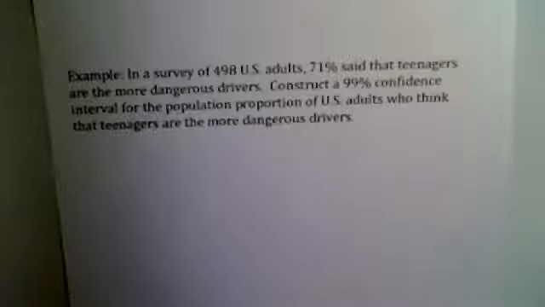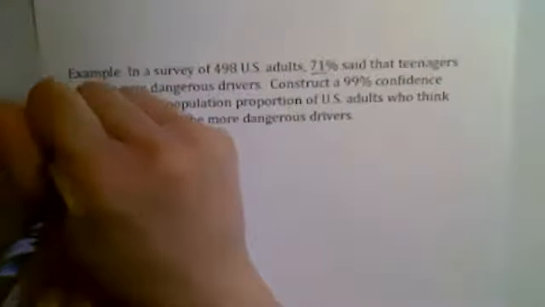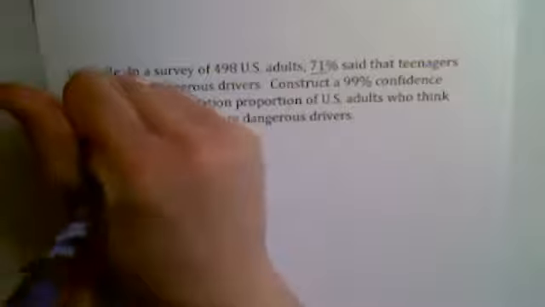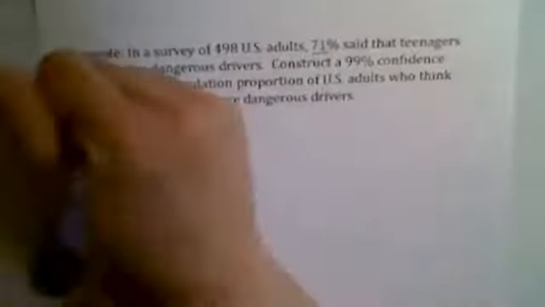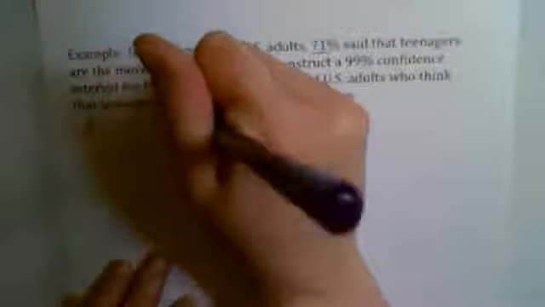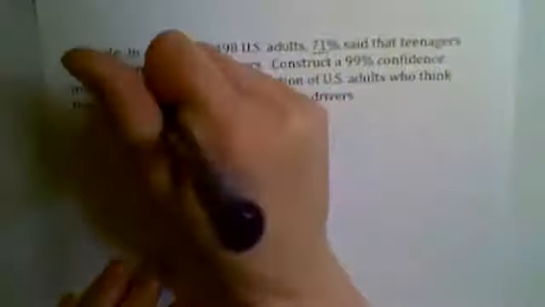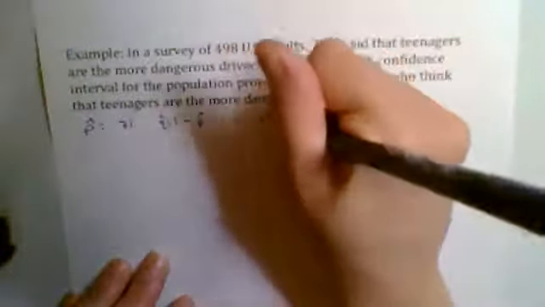Okay, so let's see what we got going on here. All right, so they automatically gave me p hat. P hat is 0.71, which means 1 minus p hat is q hat. So 1 minus 0.71 is 0.29.